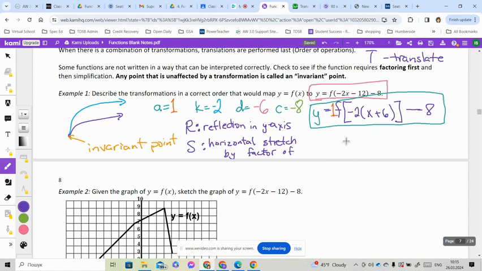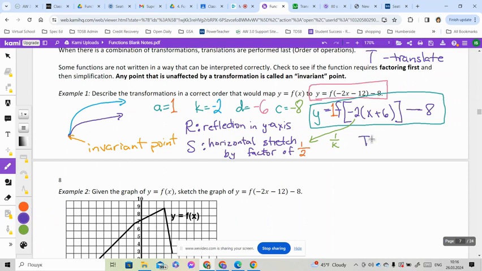Are we stretching by 2? No, because remember, anything to do with the x, it's going to be the opposite. So we're going to stretch by a factor of 1 over 2. Remember, that's the whole 1 over k thing. When you stretch by half, you're actually squashing it. So you could say it's a horizontal compression by a factor of a half, but I'm also okay if you always say it's a horizontal stretch and just give me the correct factor.